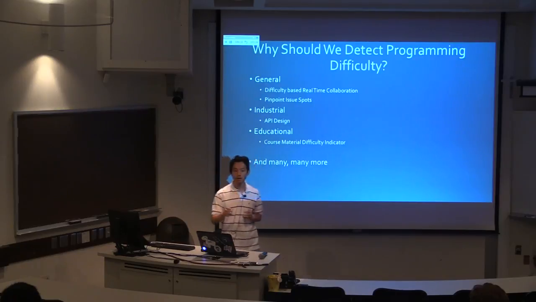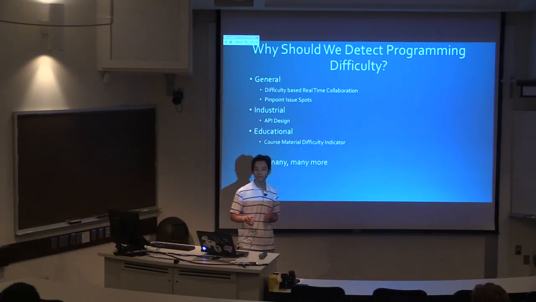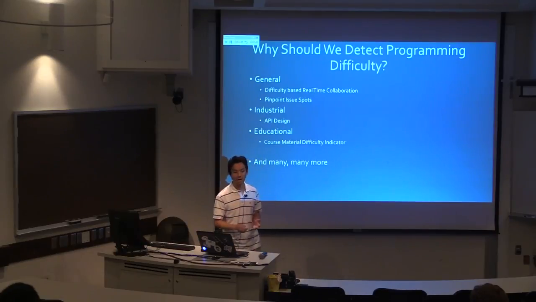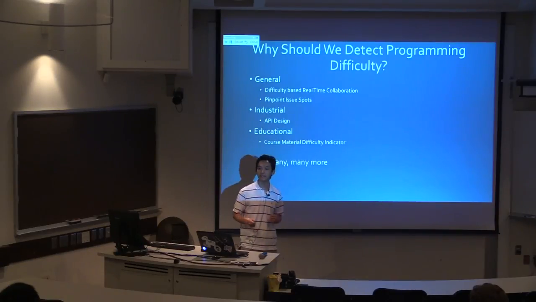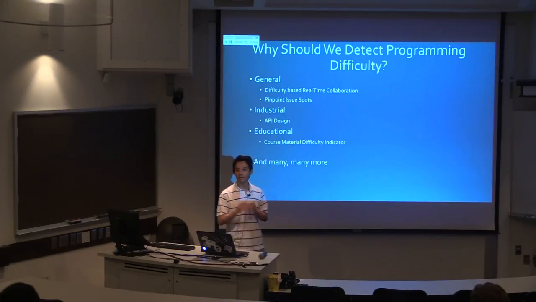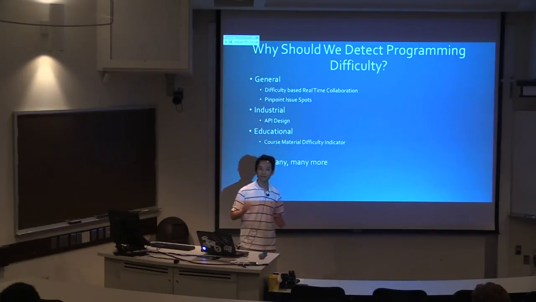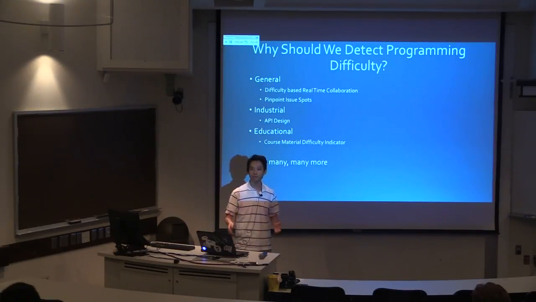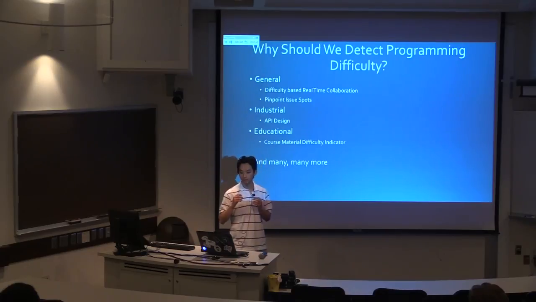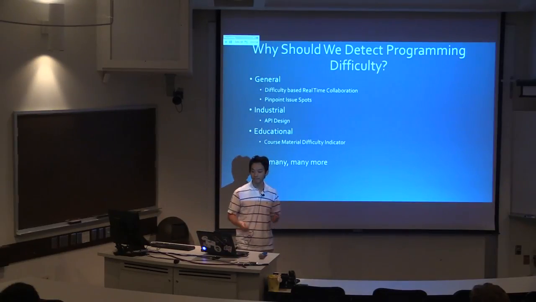And then there are industrial uses. One big area that difficulty prediction is pretty applicable to is API design. We have this nifty new API, and there are different blueprints we want to use. Which one should we use? In order to know that, we can do a user study.